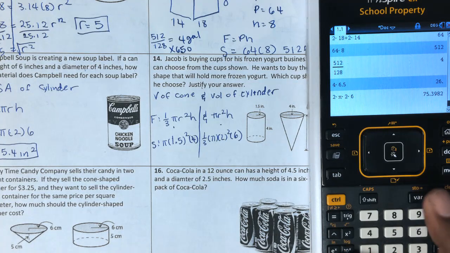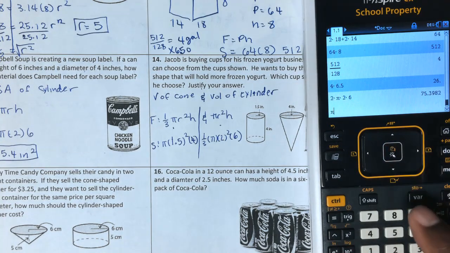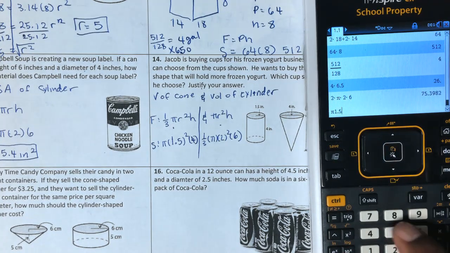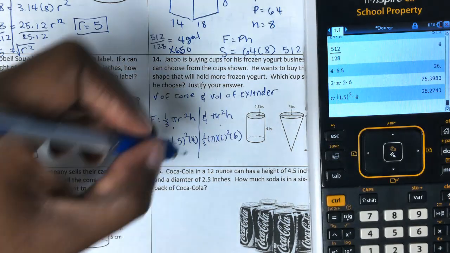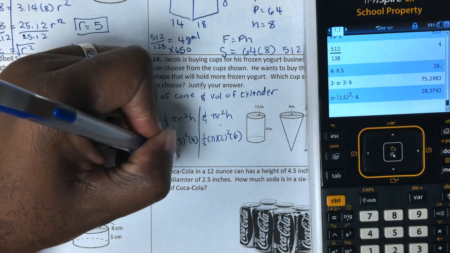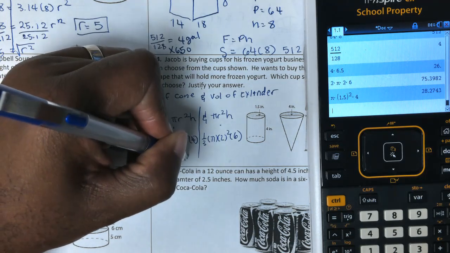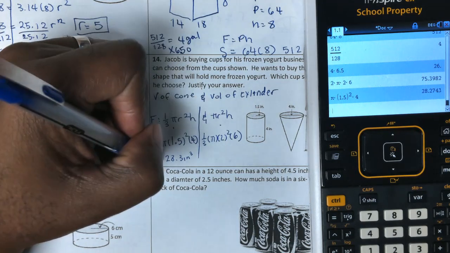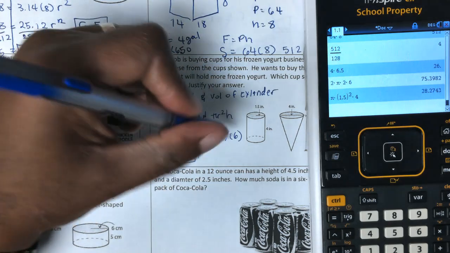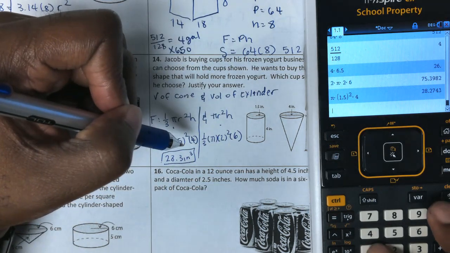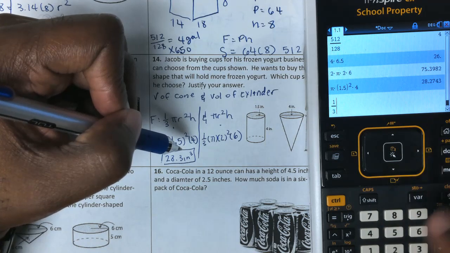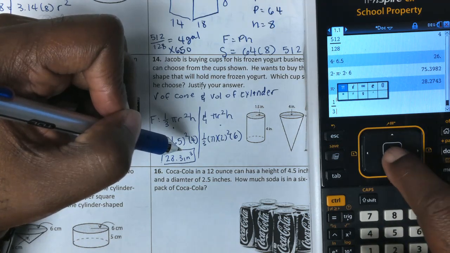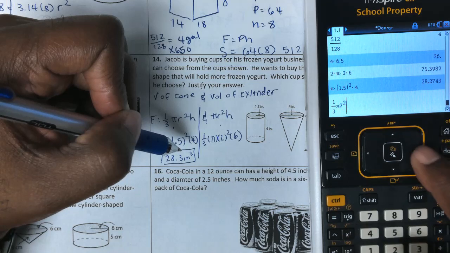So the first one we have is pi times 1.5 squared times 4. The volume for that one is going to be 28.3 inches cubed, or cubic inches. And then the other one is going to be 1/3 times pi times 2 squared times 6.